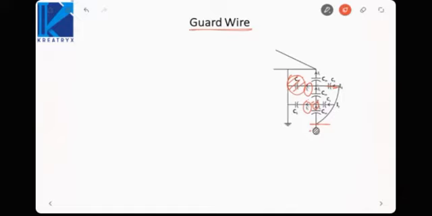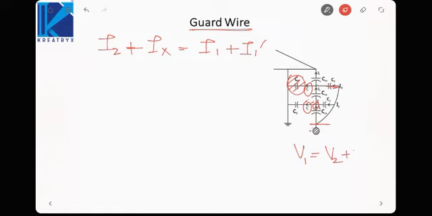And now if we apply KCL at node 1, the incoming current I2 will be equal to I1 plus I1 dash plus Ix. Now if you want the voltage across each disk to be the same, V1 equal to V2 equal to V3, then the current should also be the same, that is I1 must be equal to I2, which implies Ix will be equal to I1 dash.